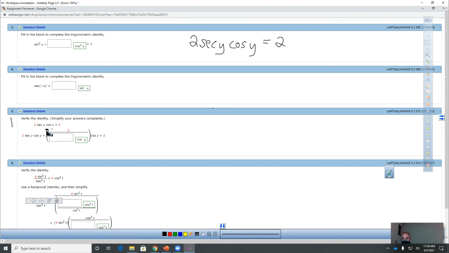And they've done part of the problem for you. They are now saying this is going to translate into 2 over what times cosine of y would equal 2. So 2 secant of y, what does that equal? Well, if you go to the reciprocal identities, secant equals 1 over cosine. So this becomes 2 over cosine of y, which would lead to cosine of y's canceling, and then you get 2 equals 2, which proves the identity.